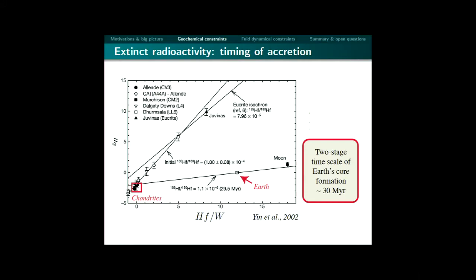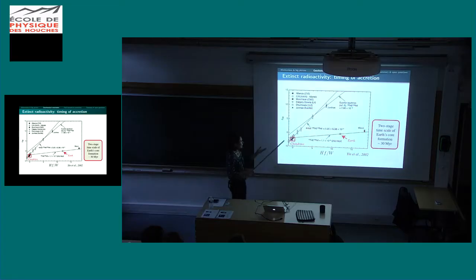And so the principle is, here you have an isochron where you have the tungsten isotopic anomaly. Here, the Earth and the chondrites, you draw a line between the two, that's what we call the isochron, and the slope gives you the age when those two reservoirs formed. So basically here it's about 30 million years.